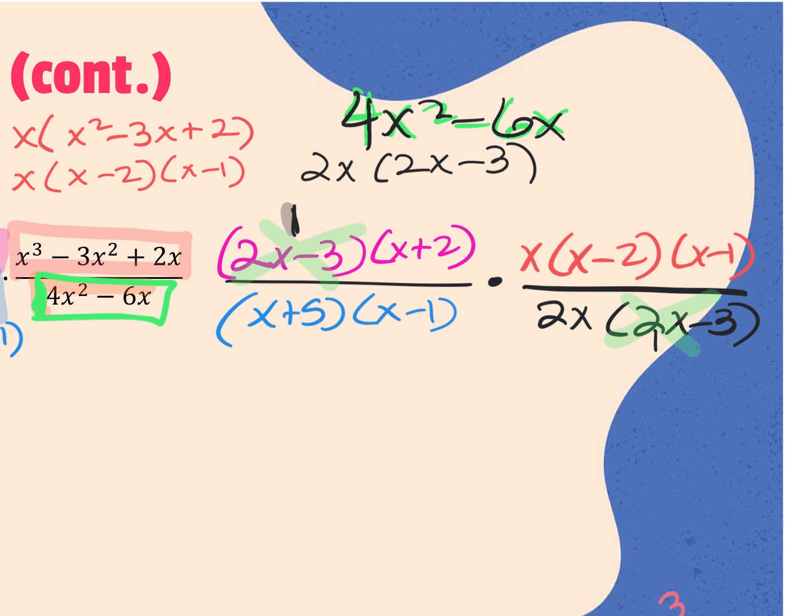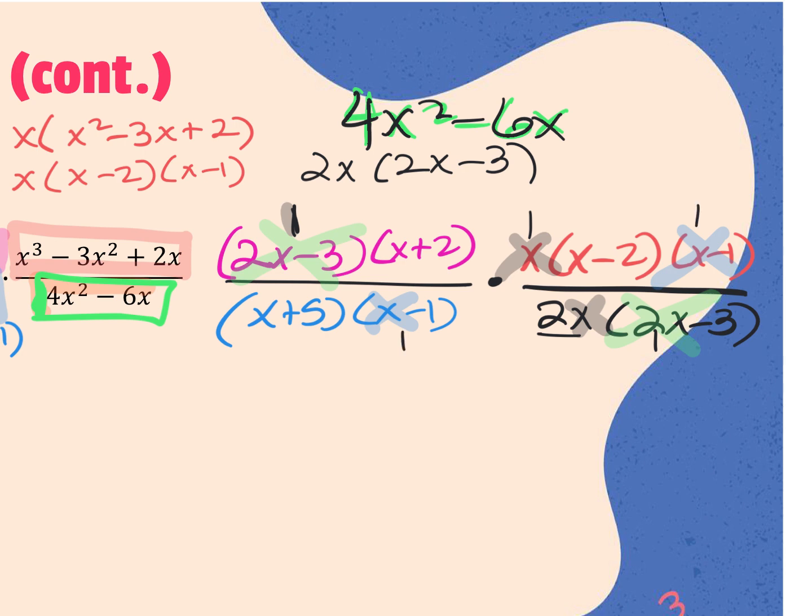So I can get rid of this x here and this x. So again, what remains behind here is a 1 and then this is just the 2. And then now I'm going to also see that I have an x minus 1 that I can cancel. And again, what remains is a 1.